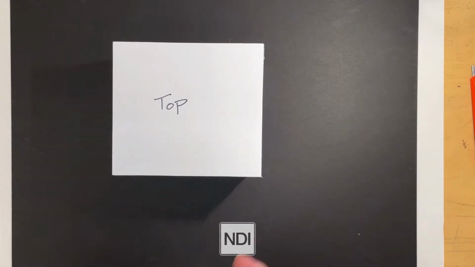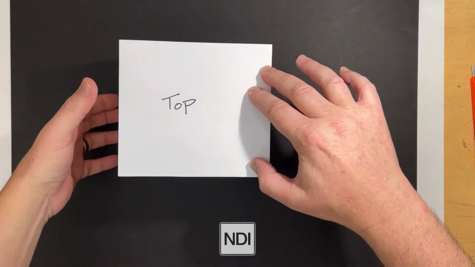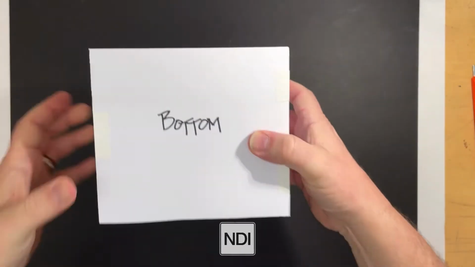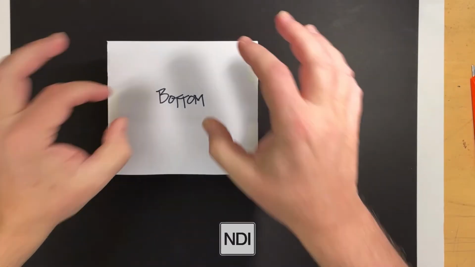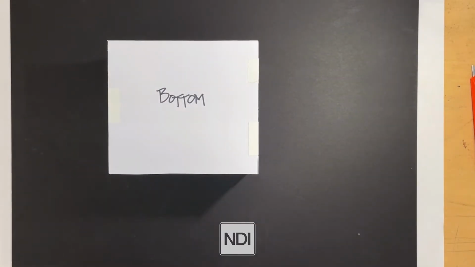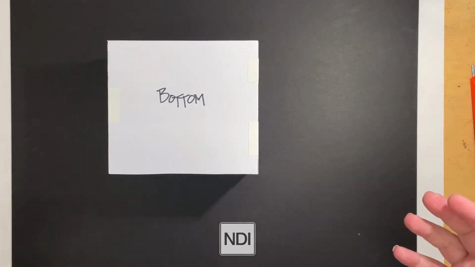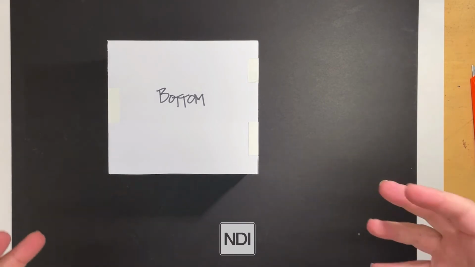So the top view of this room is not actually particularly useful for us. So let's look at the bottom. Well, a little bit of the same problem. If we look at the bottom, all we see is the bottom of the floor. So once again, not super useful for us. What we need is a way to be able to see the doors and windows and things.